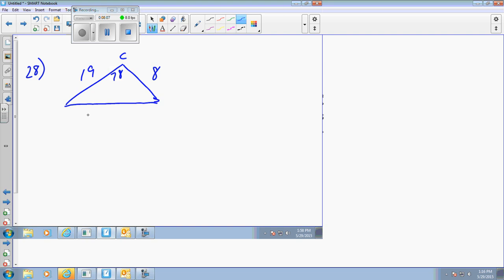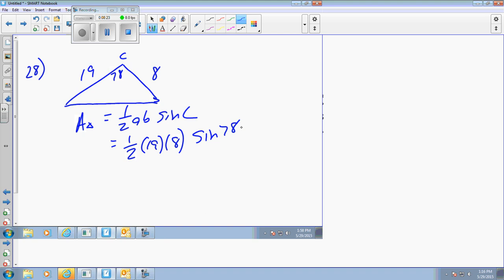We know the area of a triangle is 1/2 AB sine C, the triangle question we had on a test once. So I'm going to substitute in, and my sine is 78. Plug that into my calculator, I get the area of my triangle is equal to 74.3 inches squared.